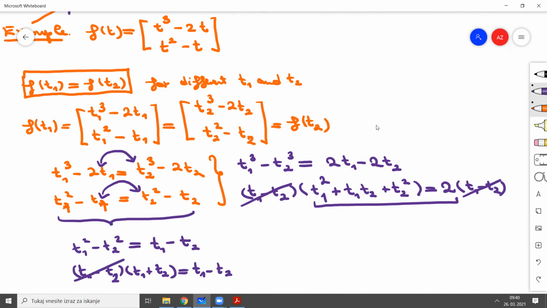And I can divide t1 minus t2 out of this equation, and what I get is t1 plus t2 is equal to 1. So what remains is this system of two equations.